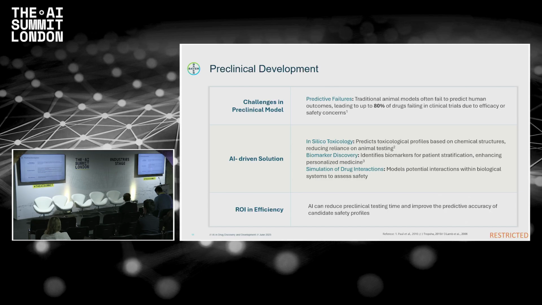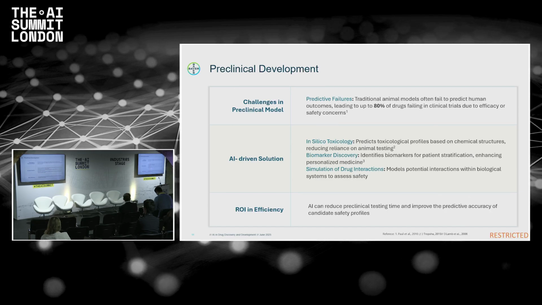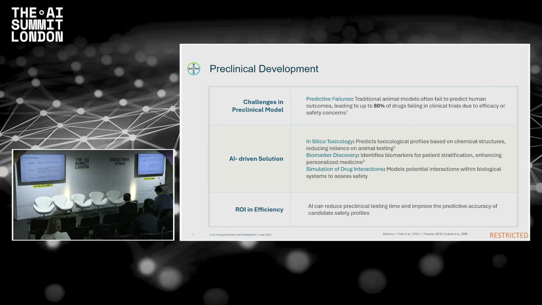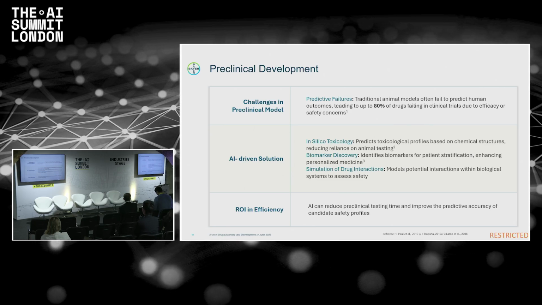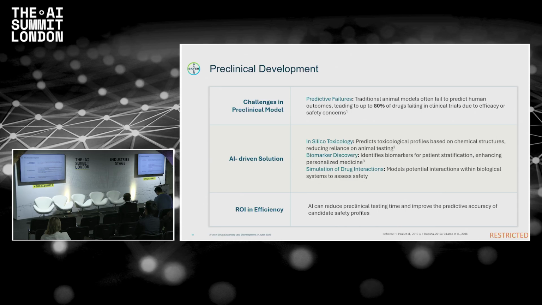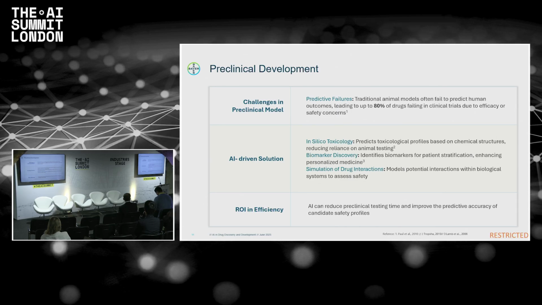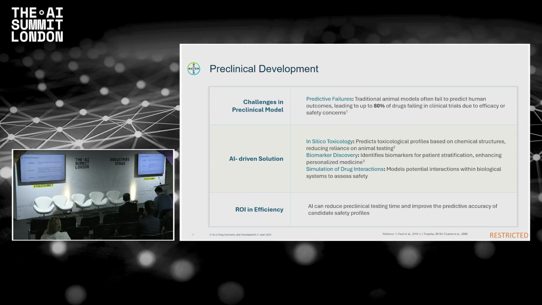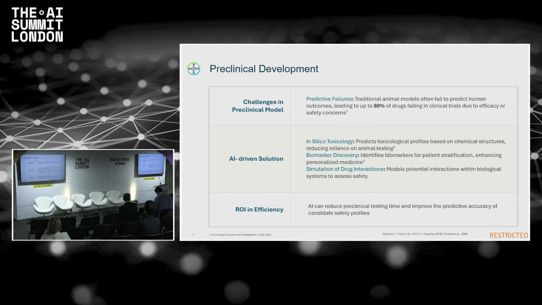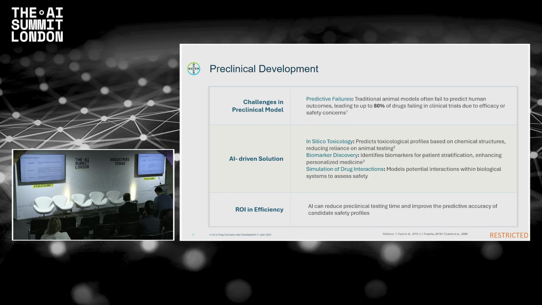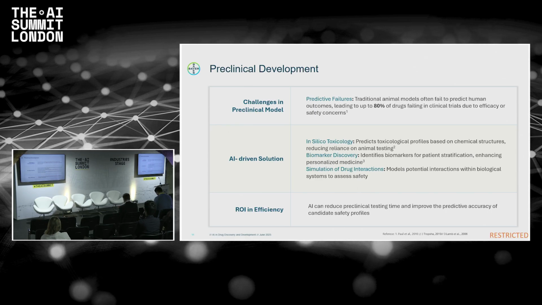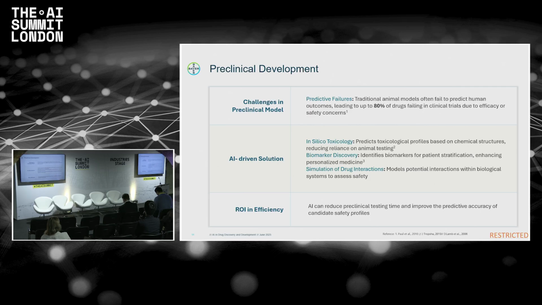Then biomarker discovery. It is very important that we find a proper biomarker for identifying the right patients for the right therapeutic area. Biomarkers are helping us to stratify the patients. We can select the patients during a trial where we believe the drug works, so you are reducing unnecessary exposure to the drug for others and bringing in the right patients.